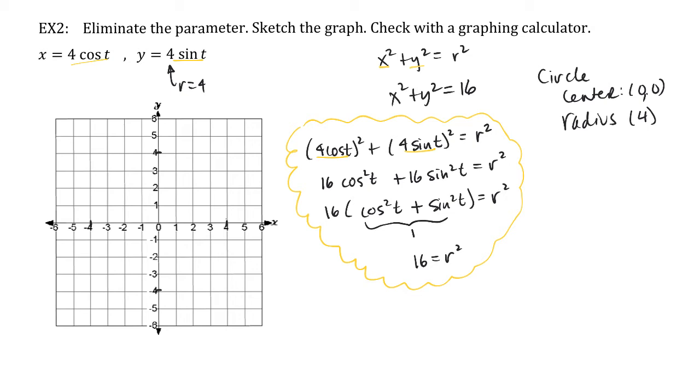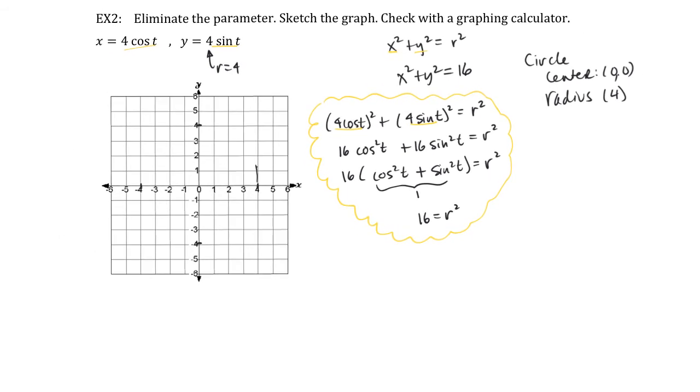So it's going to be looking like this, but what if we wanted to show that being drawn in real time? Okay, so we're going to use our parametric equations, and we're going to plug in t. We're going to calculate our x, calculate our y. Okay, I'm just going to plug some different t values in.